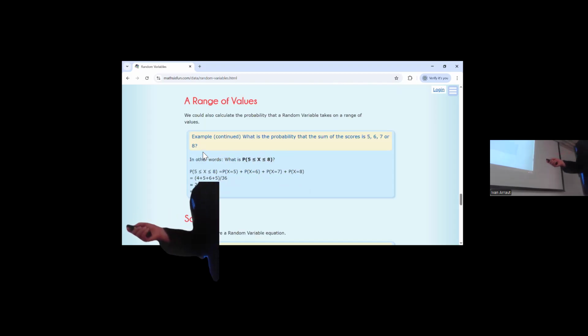So now we can also calculate the range of values. You can see that this is a discrete random variable. What does discrete mean? It means that from 1 you jump to 2, from 2 you go to 3, 4, 5, 6.